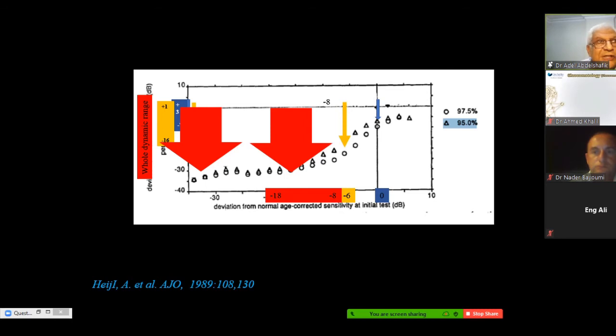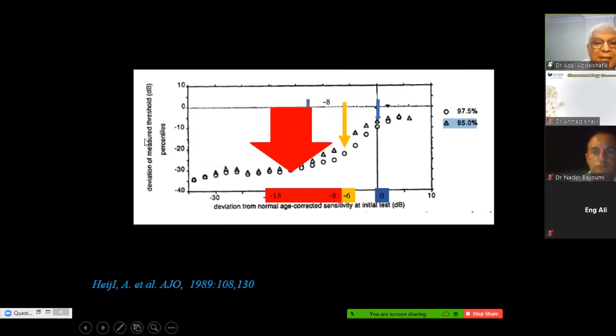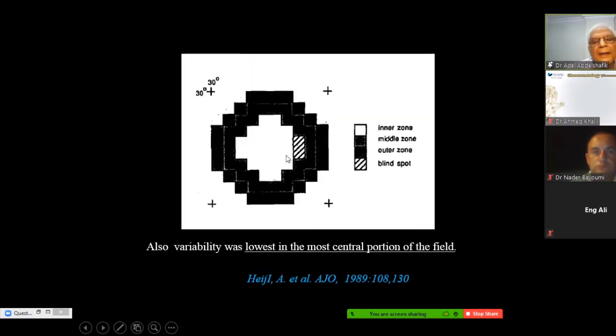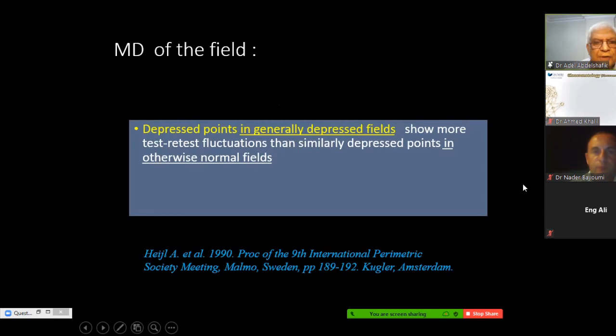So each location, the fluctuation varies. If it's near normal, the fluctuation is limited. If it's more depressed, the fluctuation is higher. If it's more and more depressed, the fluctuation is higher and higher. Again, in the central area, fluctuation is minimal, while in the periphery, fluctuation is more.